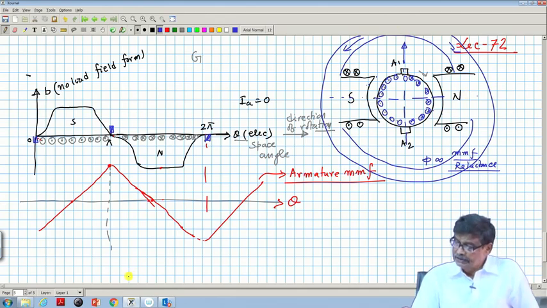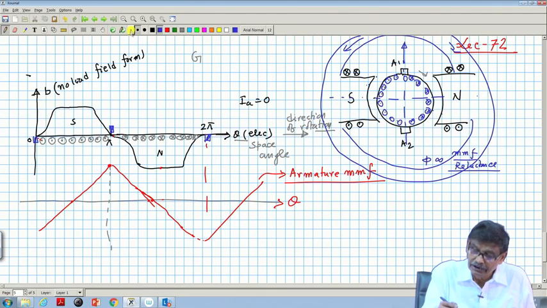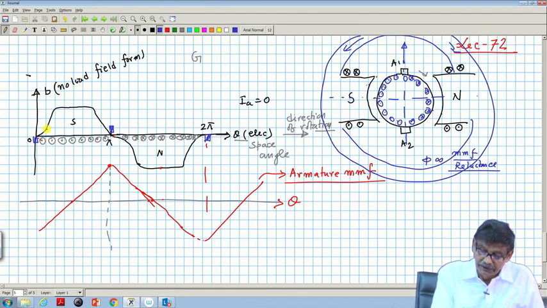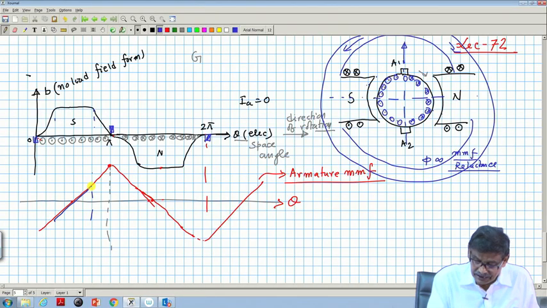So, the armature flux or B distribution will be proportional to MMF in this fashion. Between this zone and say this zone, it will be in some other scale. This blue curve I am drawing is the B distribution.